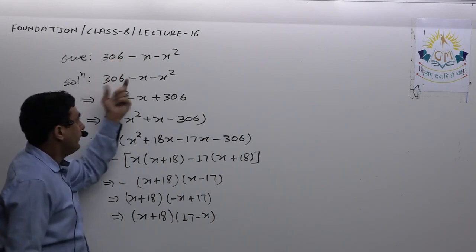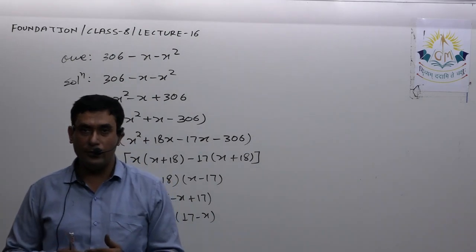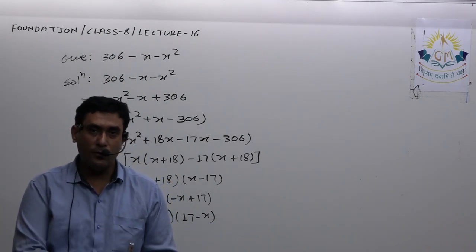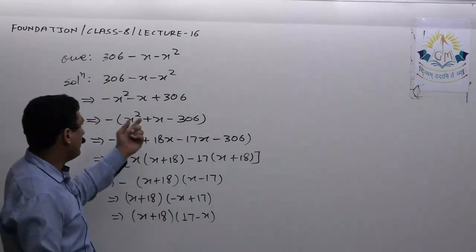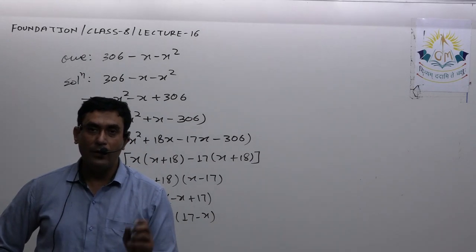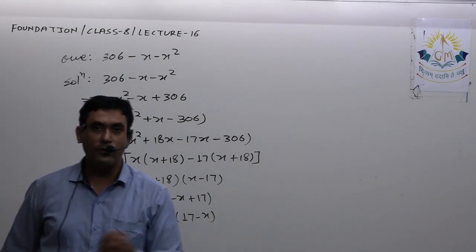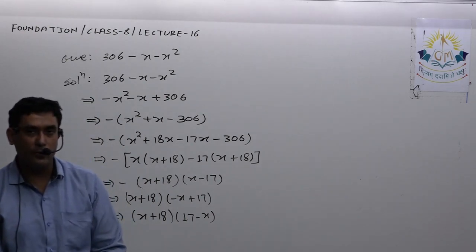In short, first we check that the given expression should be in the standard form. That means it should start from x square, or if the variable is y, then y square, then x, and then the constant term. Second, we check that the coefficient of the first term must be positive, or in other words the first term must be positive.